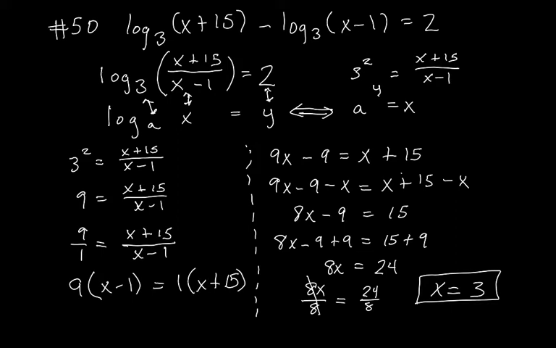So again, it's not that we're doing a whole lot of work. If you think about it, in this step right here, all we did was apply the quotient rule. And then to get to this step, we used the converting to exponential form. So 2 things you should be reasonably comfortable with. Then once we got here, this is just solving an equation.